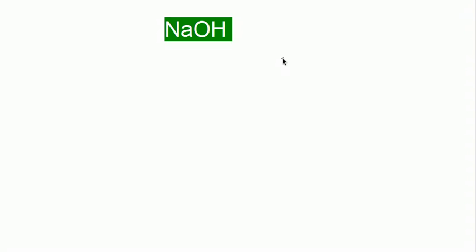So we're going to go through a few examples here, and then I'm going to ask you questions afterwards, just so that you completely understand it. One of the things I want you to do first of all is start looking at the compound and start recognizing what atoms are in it. So here we've got sodium, oxygen, hydrogen.